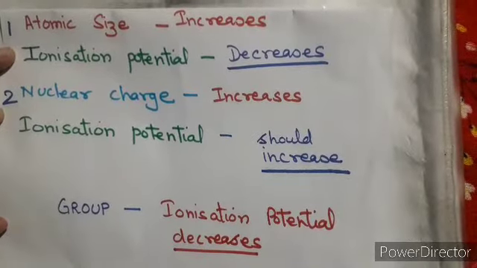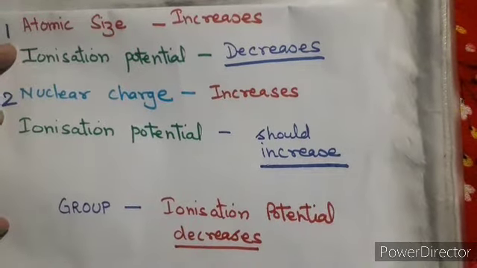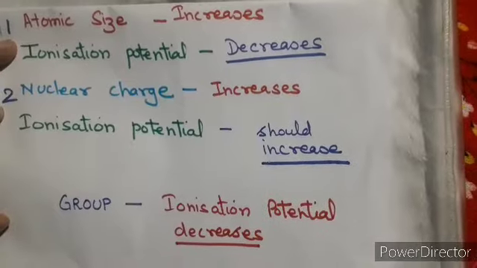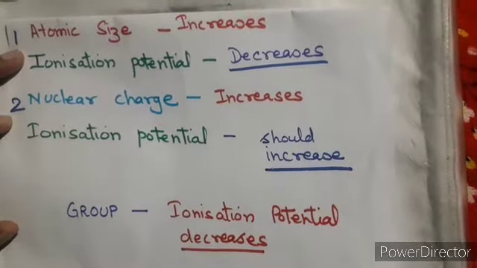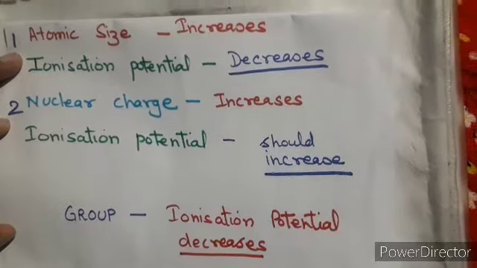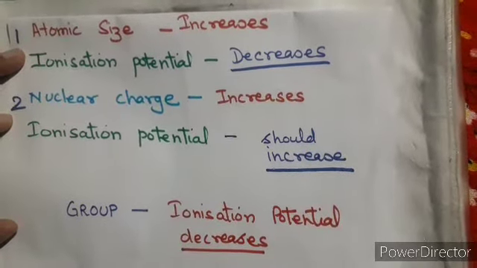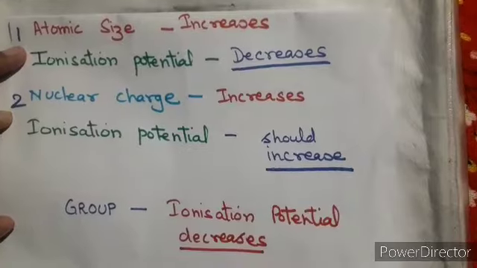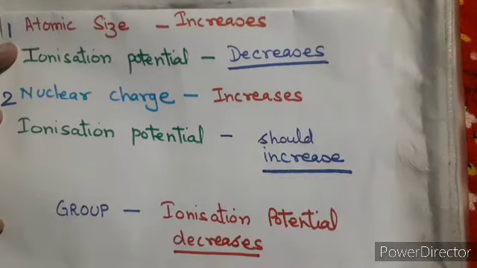Now, over here you have discussed ionization potential. Learn its definition, learn its factors, and learn how it varies in periods and groups. You can even learn it in table form. It's very important, and every year questions come from these topics, right?